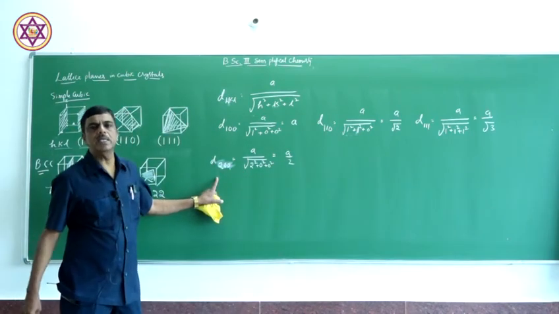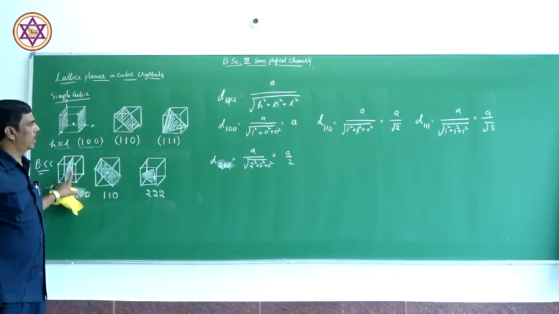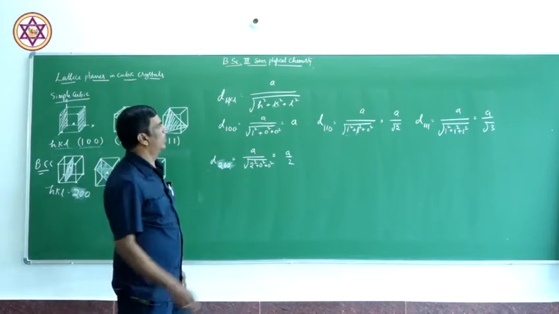It is the interplanar distance between these 2 0 0 planes in this body centered cubic lattice.